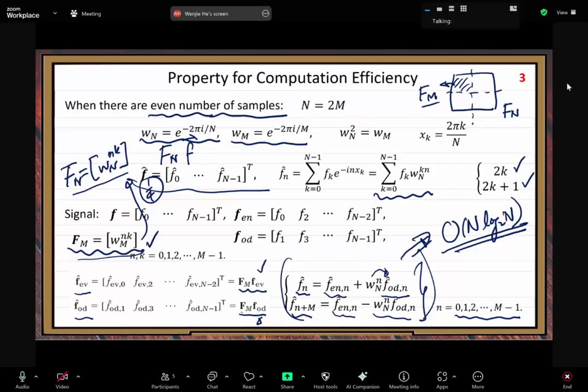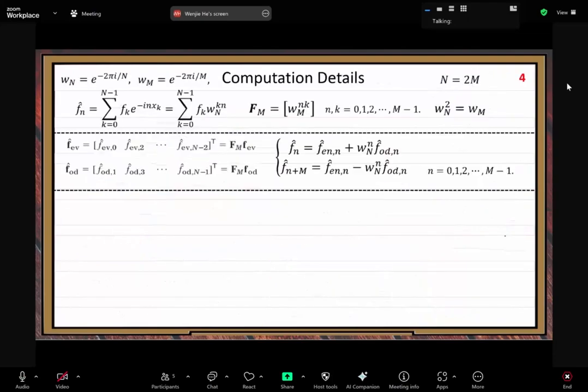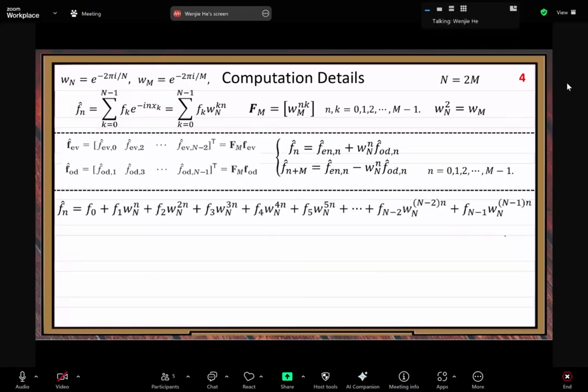Now I put these formulas aside. First, we understand the correctness: if we calculate in this special way, we get the same results. Let's write one typical Fourier coefficient.